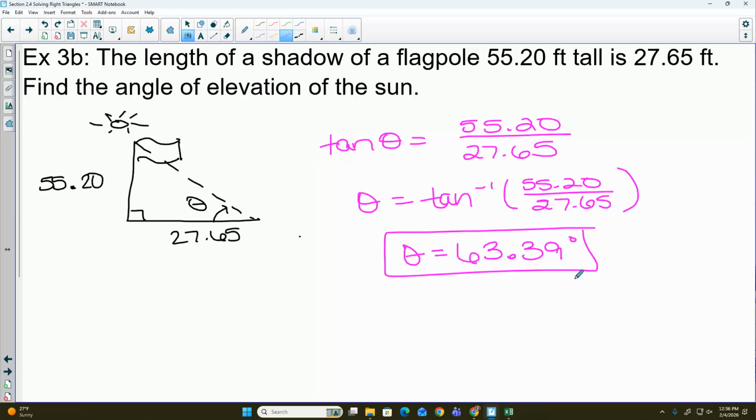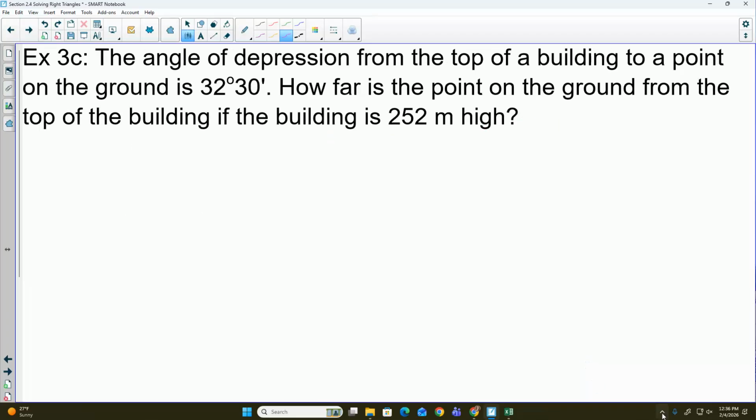Do you guys think you could try to set one up? So see if you can draw a picture. We have a building. If I want the angle of depression, that means from a horizontal down, and I'm measuring the angle of depression from the top. So I have to have a horizontal line at the top of this building.